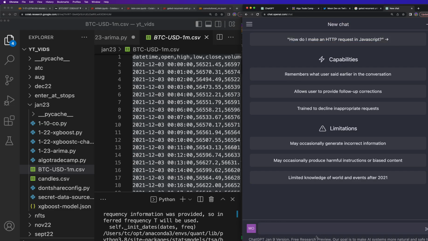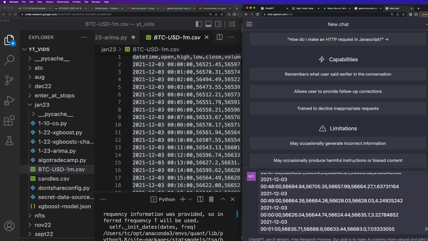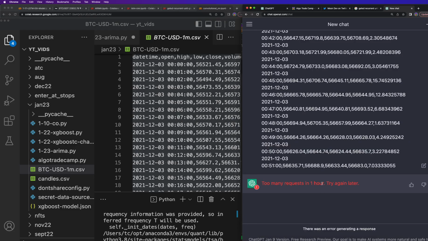Boom, we're back. Build me, or code me, a CNN that predicts the next period's price for Bitcoin. Below is some sample data I will use. Paste it in there. Too many requests in an hour.